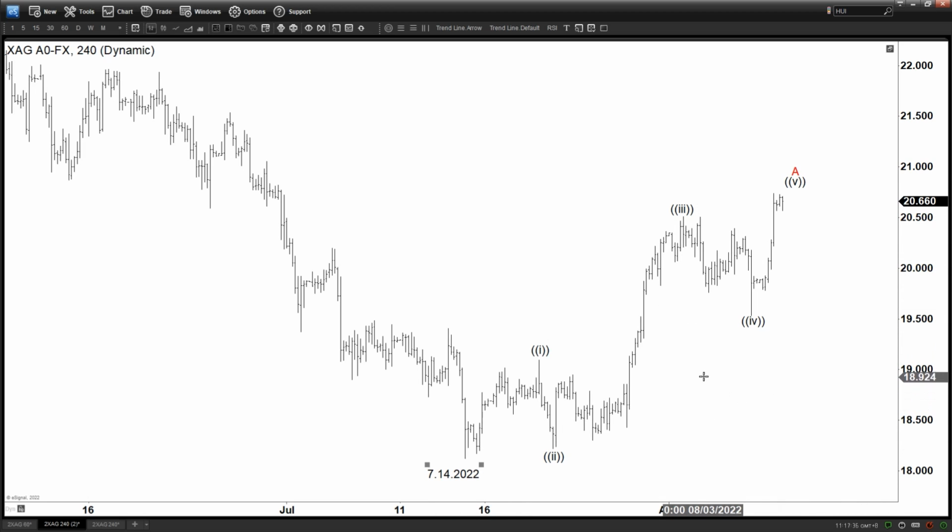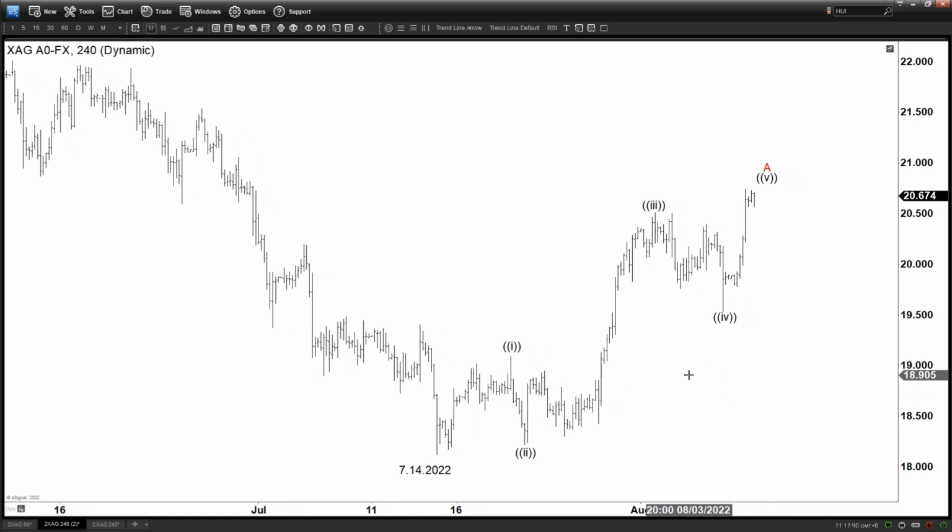Now the question here is what kind of other possibilities can we get? Because of the 5 waves up, technically it is looking for more upside, right? Even if we're going to be pulling back after we finish the 5 waves, that pullback is still within a 5 waves up, so that will extend higher again.